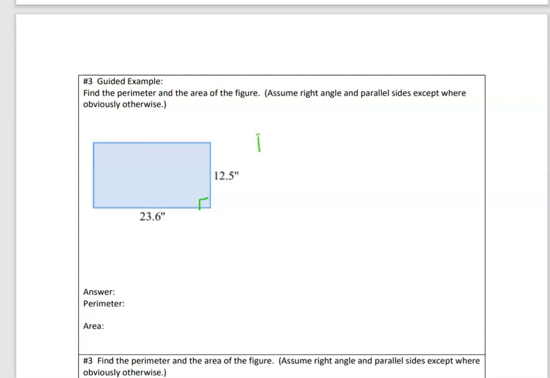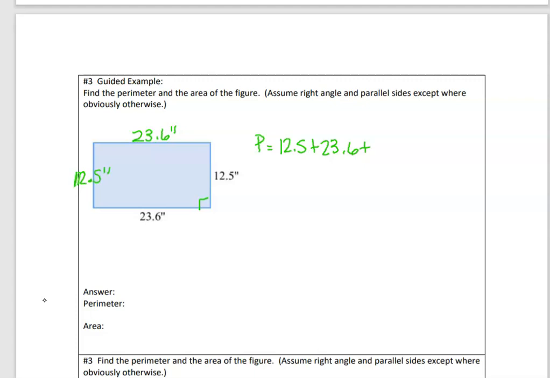So to find the perimeter, you're going to add up all the sides. So we would do 12.5 plus 23.6 plus, so we're just going around the edge of the rectangle, 23.6 plus 12.5. Well, this up here would also be 23.6 inches. And then this across from here should also be 12.5 inches.